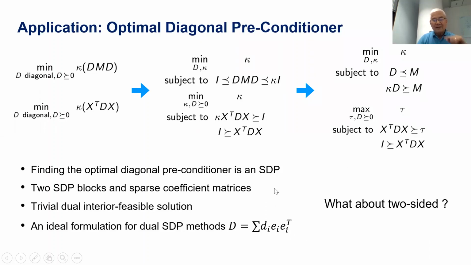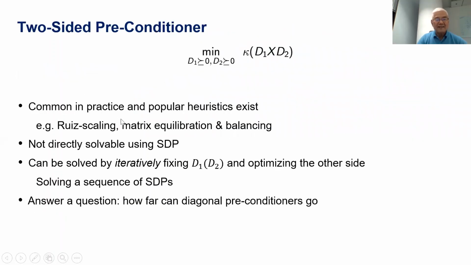So what about the two sides? This was only one side. It turns out you can actually precondition on the left and the right, again minimizing the condition number, which is the ratio of the largest eigenvalue to the smallest eigenvalue. Again, as I said, there are many heuristics.